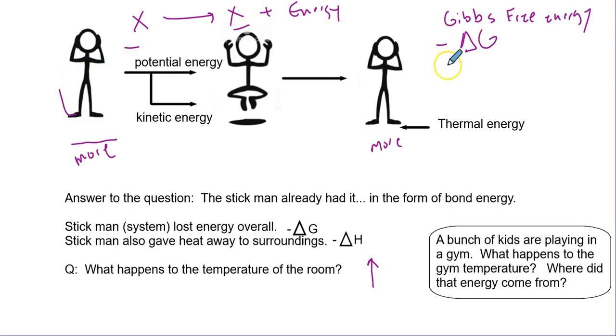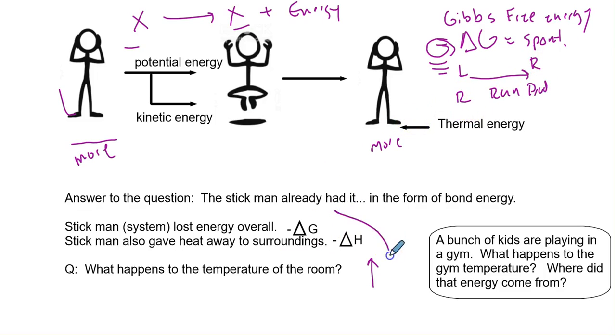And if you do, and you can lose it, then you are spontaneous, which means that the reaction is just going to run without having any effort. By effort, I mean adding any extra energy. So anytime something is negative, it means it literally is going to flow from what's on the left side to what's on the right hand side. We call this the reactants, and we call this the products.